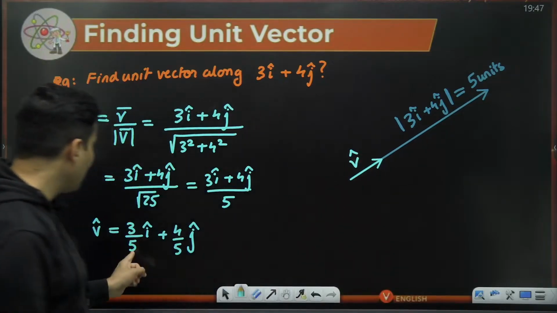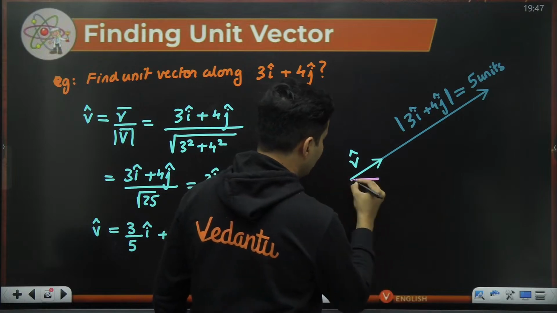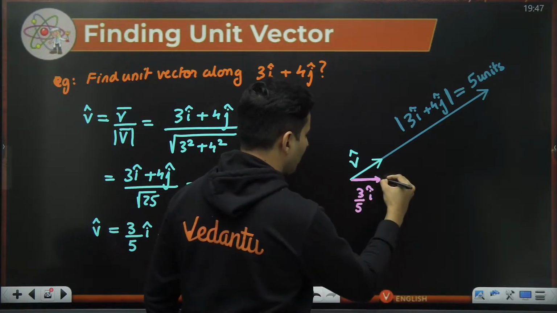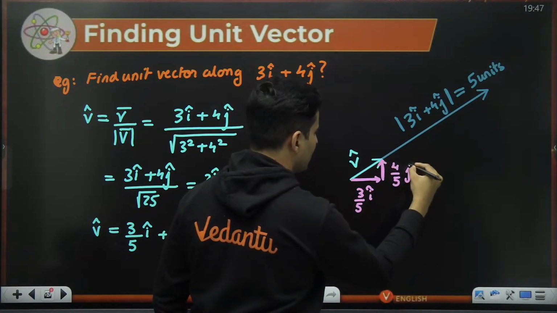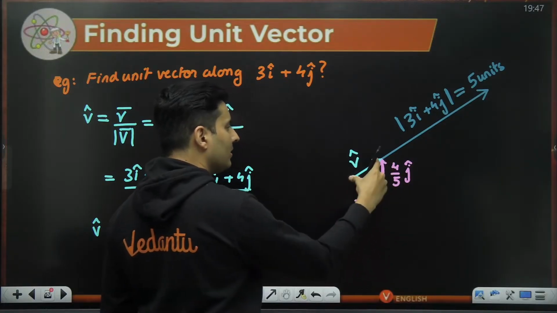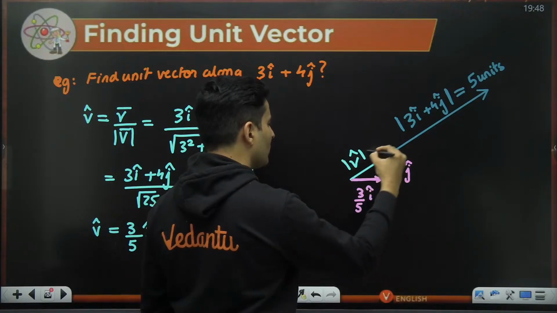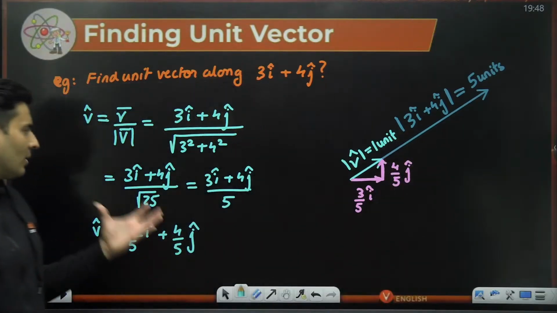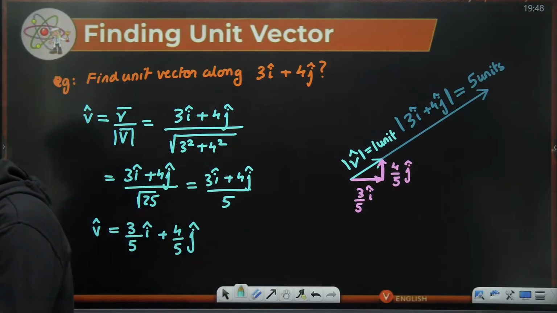And when I say it is 3 by 5 and 4 by 5, it means like this. This much is 3 by 5 i cap and this much is 4 by 5 j cap. These are the components together that make this unit vector. Is this now clear? This is our unit vector whose magnitude is 1 unit. Clear what it means to find a unit vector in somebody's direction?